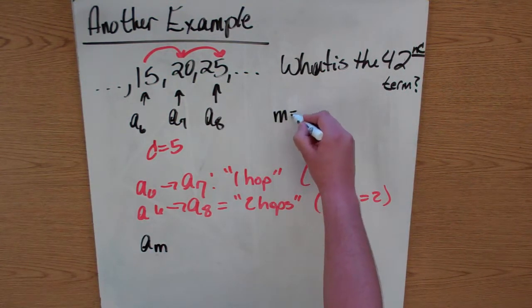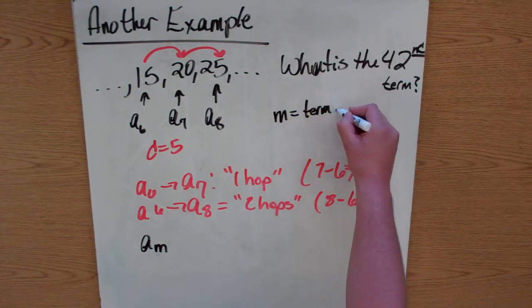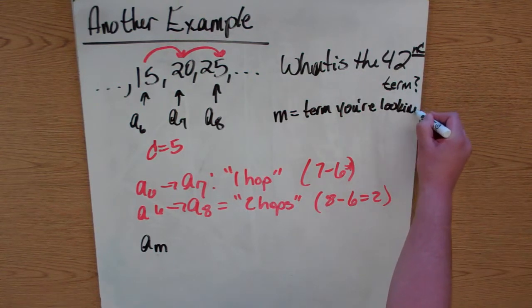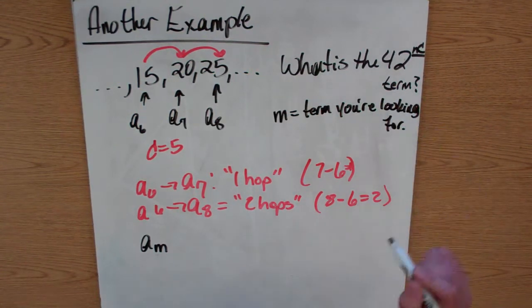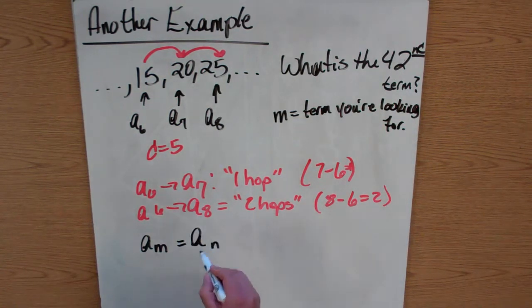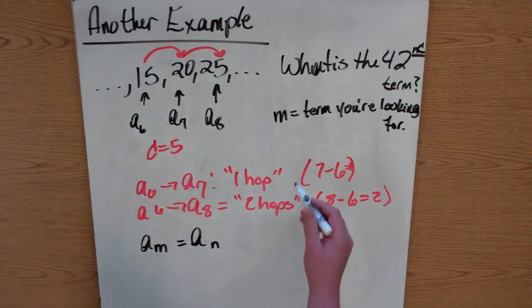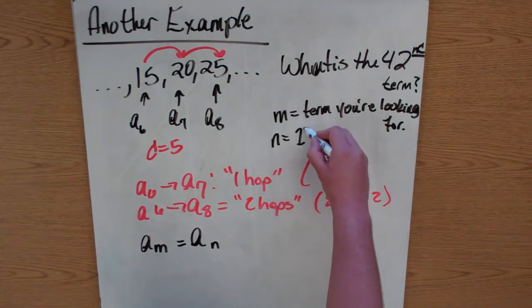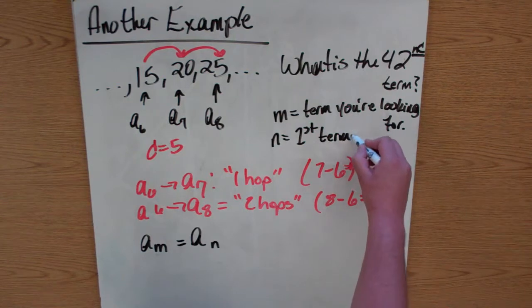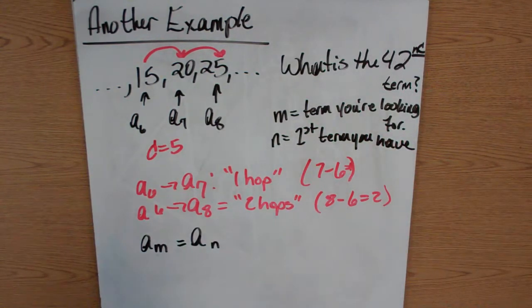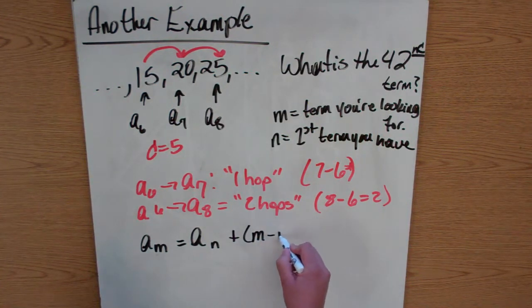Okay, A sub M equals A sub N, and in this case, A sub N is the first term you have. Okay? And that's going to be plus M minus N.